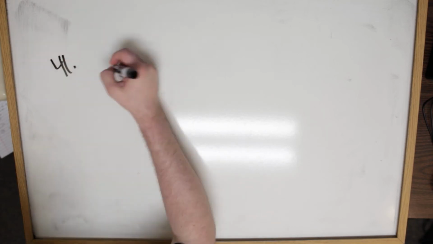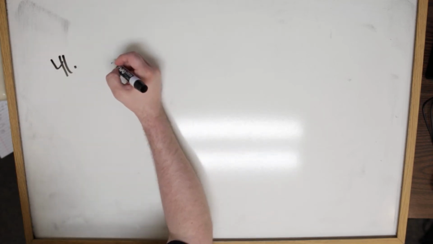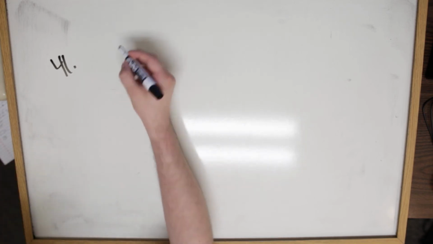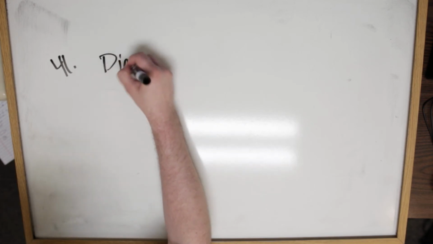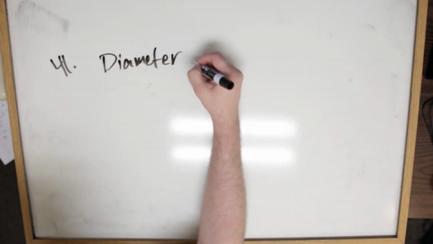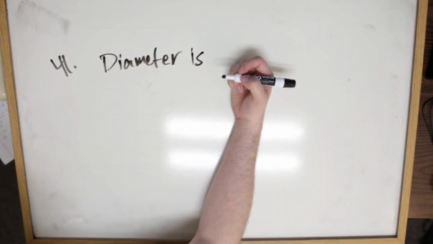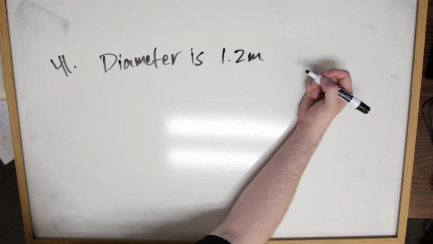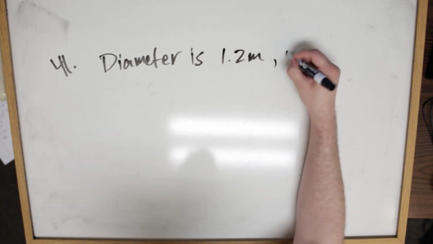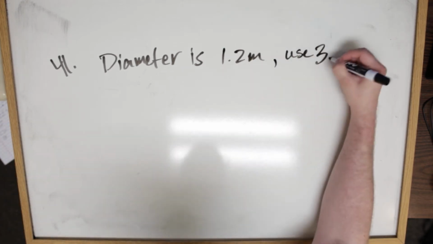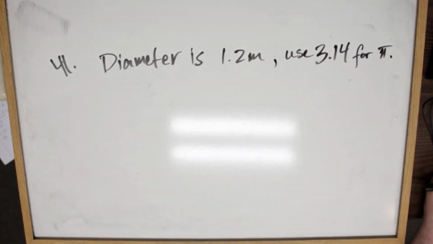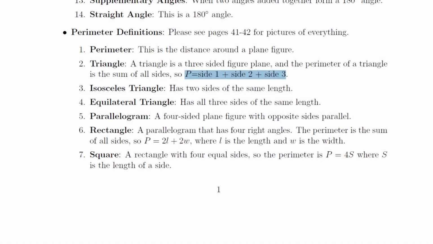So I'm going to look at 41. 41 is asking us to find the circumference of a circle whose diameter is 1.2 meters, and they say use 3.14 for pi.